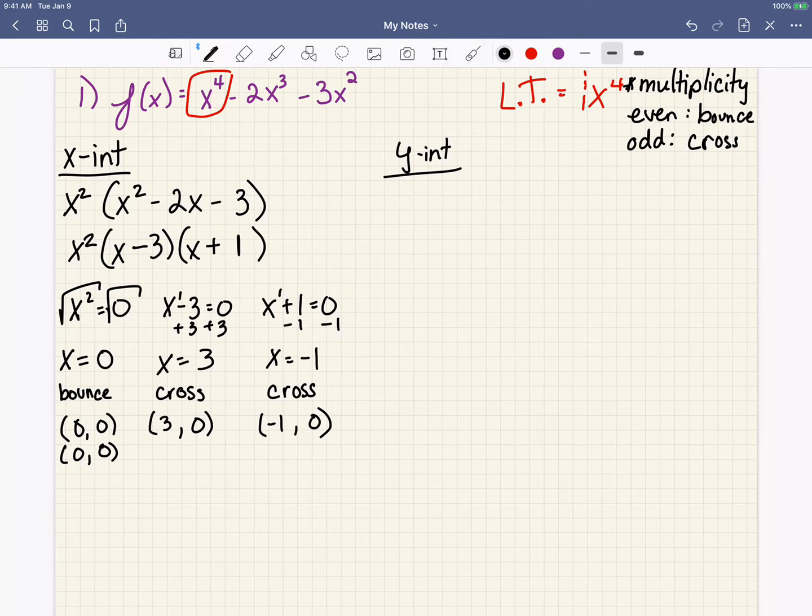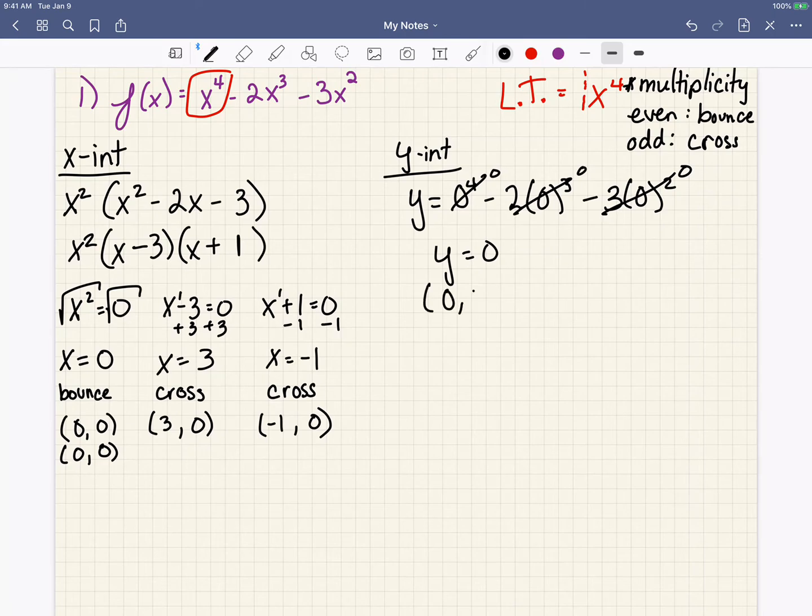In this case, f of x is just y, really. So y equals 0 to the 4th minus 2 times 0 cubed minus 3 times 0 squared. So that's going to be 0, that's going to be 0, that's going to be 0, and 0 minus 0 minus 0 is just 0. So my y-intercept is at 0, 0.